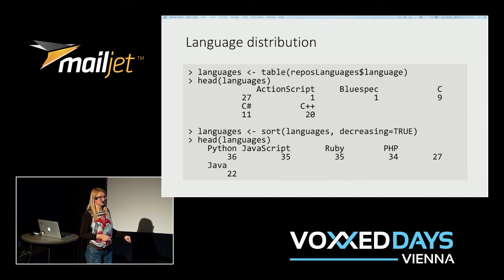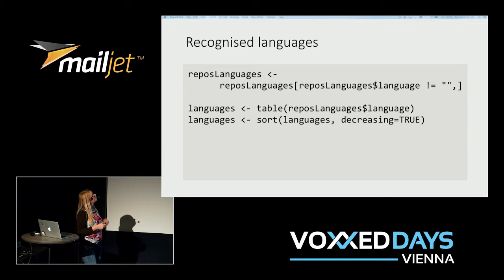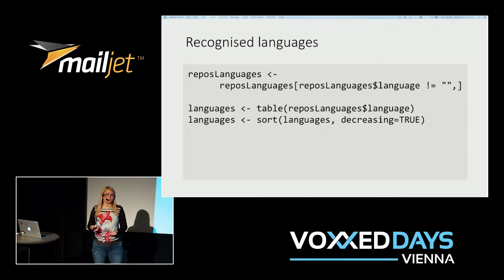Sort, again, a function that you could just think out of your head exists in R. So what you can do is filter it out. I just rejected it. I only want languages whose name is different than empty string.